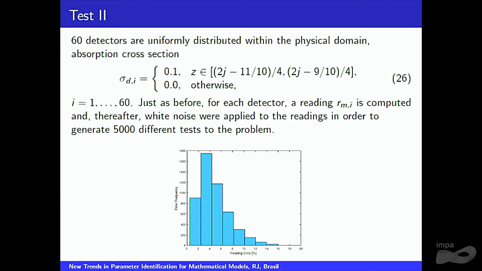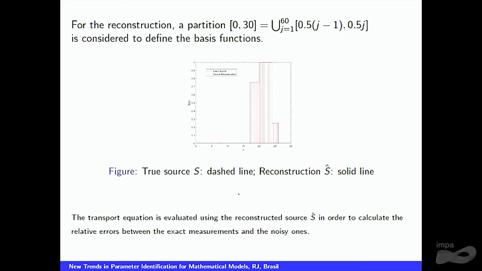Again, here we have the distribution of the error in terms of these 5,000 different tests we executed. And here the reconstruction, S hat, again the solid line, that we were able to reconstruct for the source.